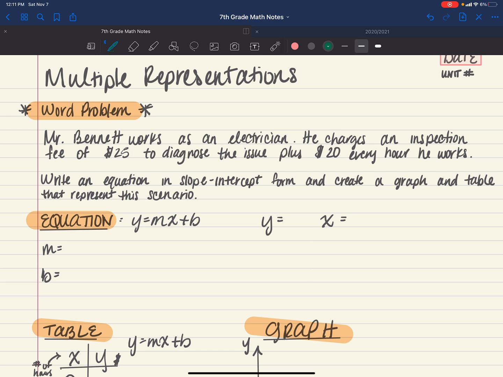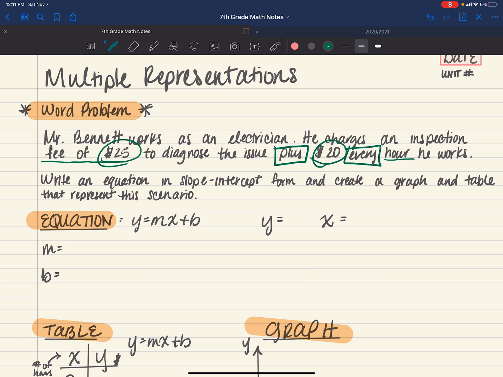In any case, going back to the problem, Mr. Bennett works as an electrician. He charges an inspection fee of $25 to diagnose the issue plus $20 every hour he works. So I see the words plus and every, so I know there's additive and multiplicative.